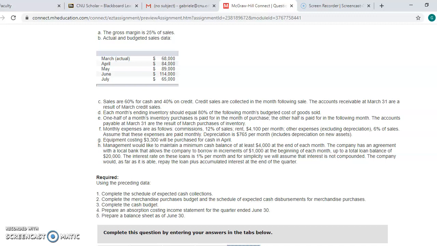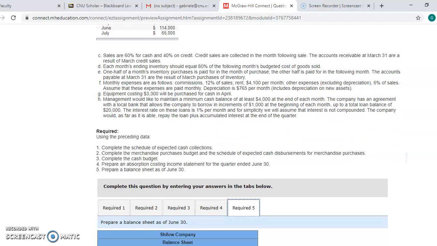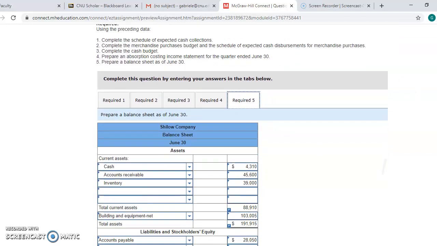Okay, so we're looking at the ending balance, end of May. So what's in accounts receivable? Should be 89,000. I keep getting 35.